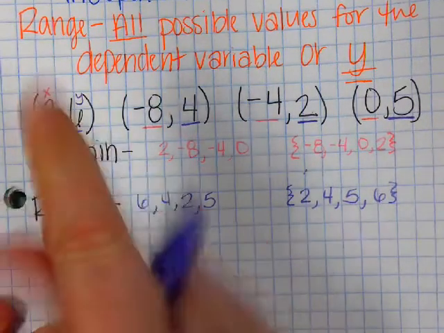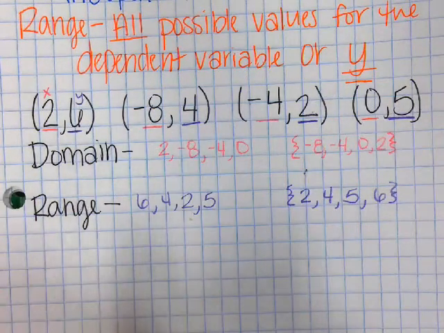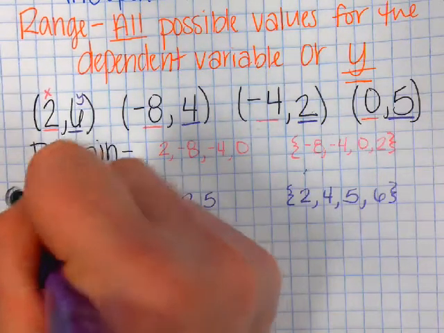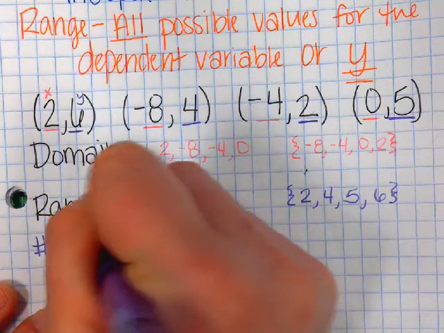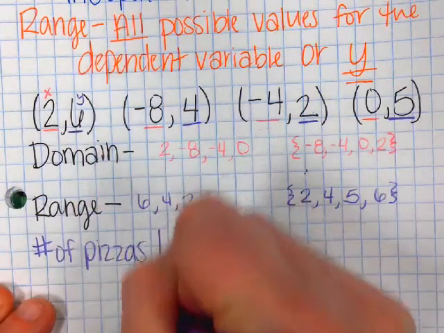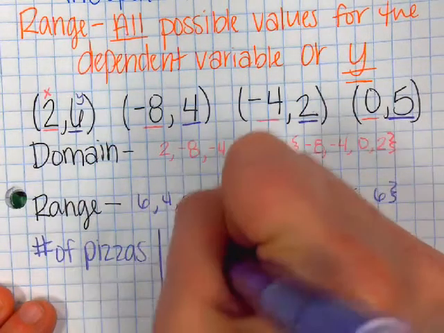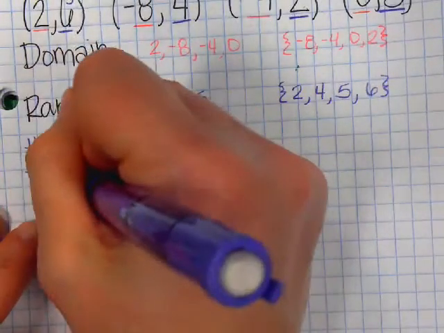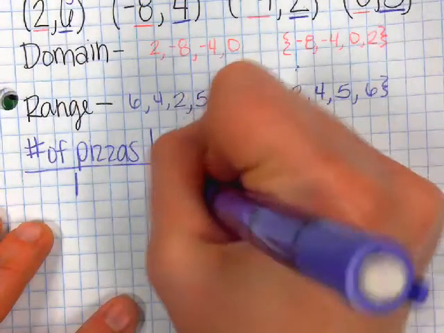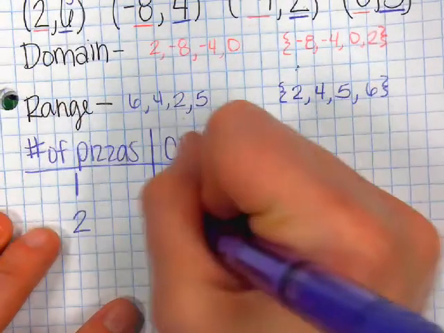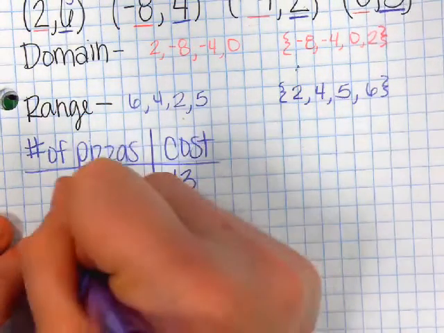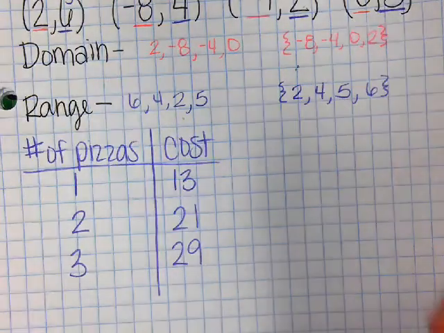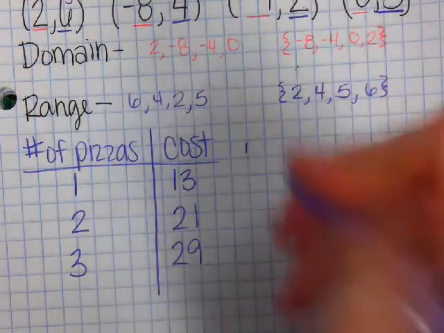Now, if I was talking about a situation, number of pizzas and the cost. One pizza is $13, 2 pizzas are 21, and 3 pizzas are 29, and I asked for the domain.